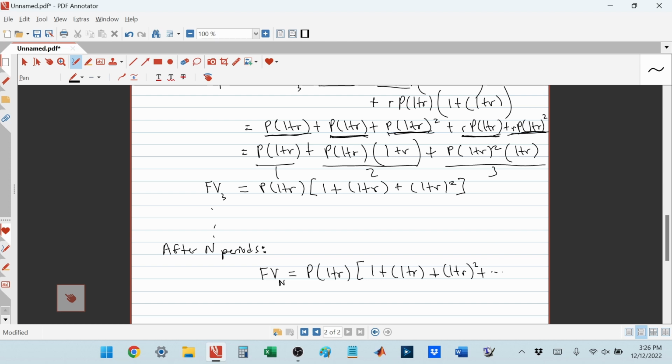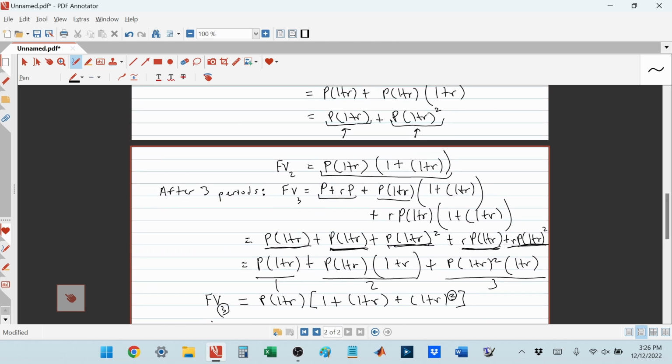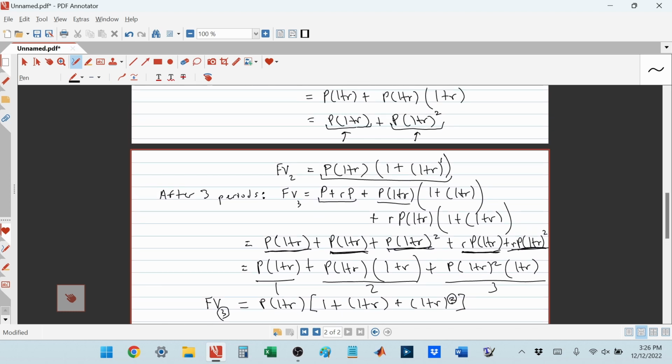plus ... plus (1 + r) to the power of n minus 1. Right? Because the last exponent here is always 1 less than this number. See? There's an implied 1 right here. And that is 1 less than this number.